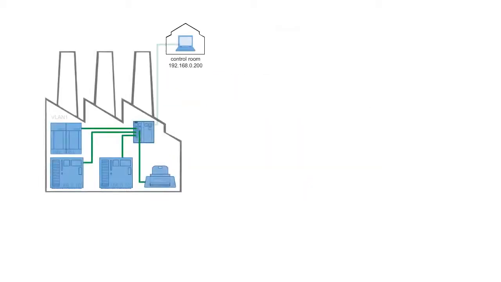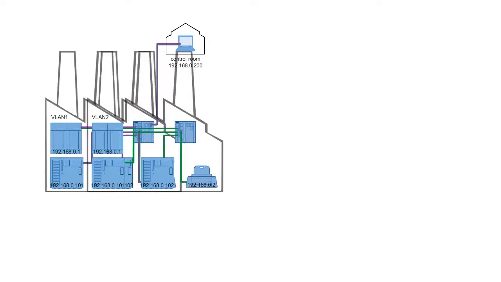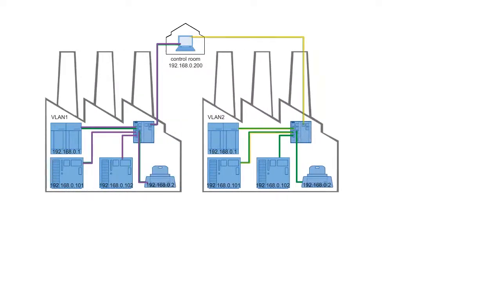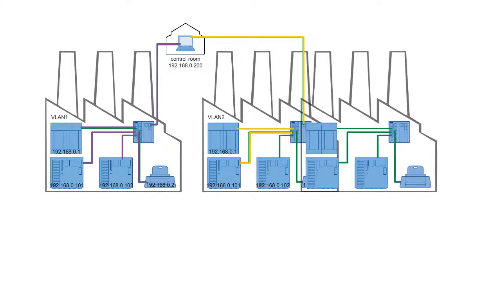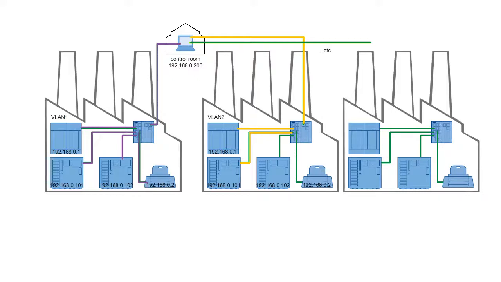Furthermore, the same IP addresses can be assigned in different VLANs without resulting conflicts. This facilitates the configuration of identical or similar network cells, and fewer IP addresses are required. This is an advantage VLANs have over IP subnets.